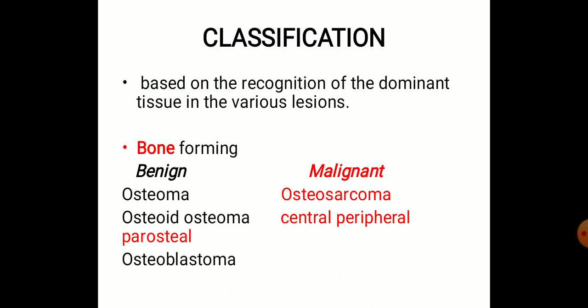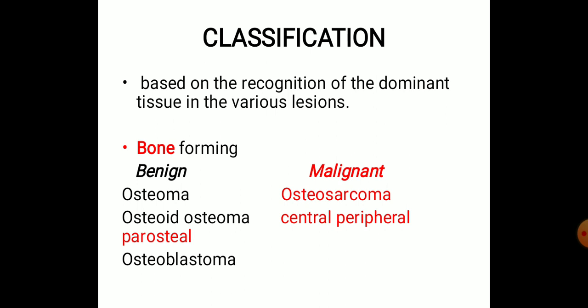So first one is classification. How can we classify these bone tumors? As I have said, bone tumor is an umbrella term under which many categories come. The musculoskeletal system consists of many varieties of tissues. We have cartilage, we have bone, osteochondrocytes, the bone cells, and we have the surrounding adipose tissues and fibrous tissues.